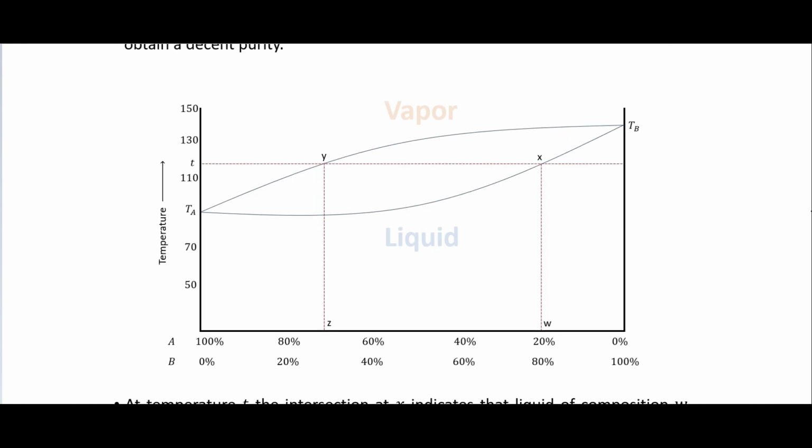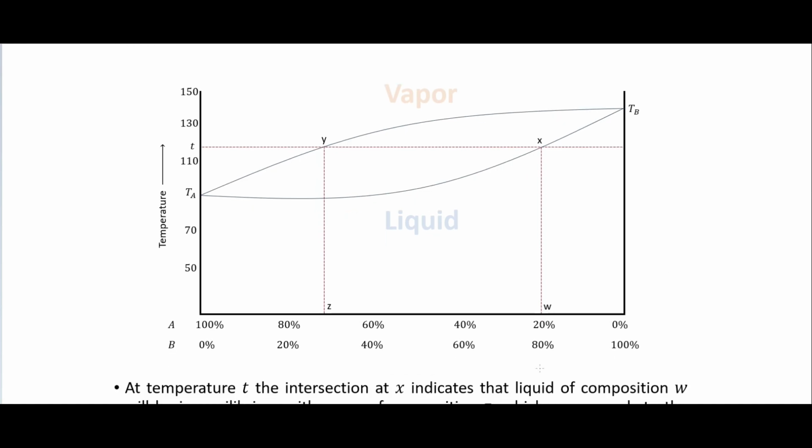So if we're still looking at our simple distillation, let's say we have something that has 80% B and 20% A in it at this point W. And so we heat this up so that we get here, which is the boiling point of this mixture. What we'll see is if you then look at what's in the vapor, it will actually have a composition of here at Y. And so we go down here and it will have this composition.